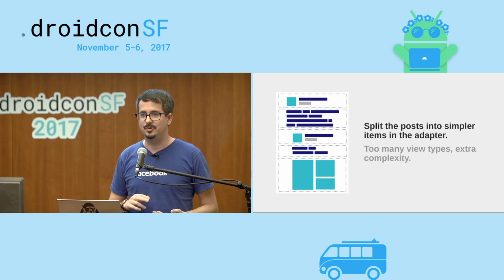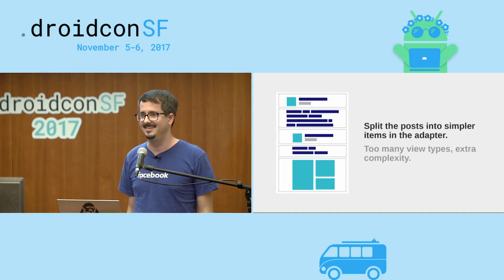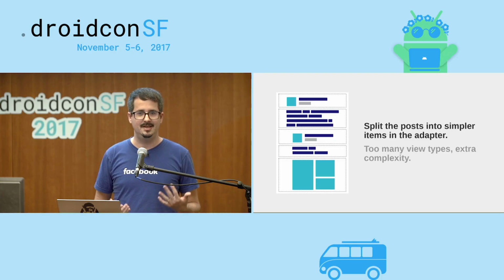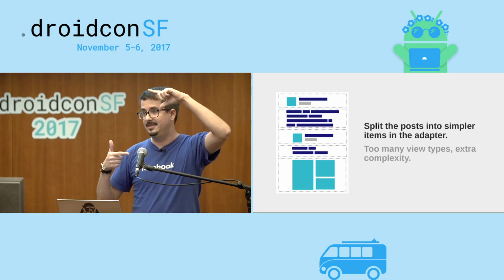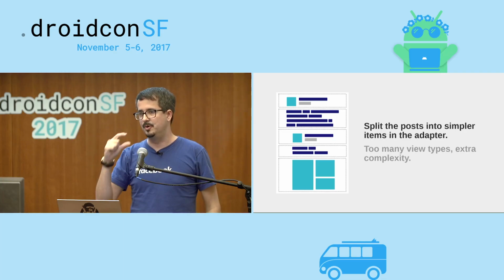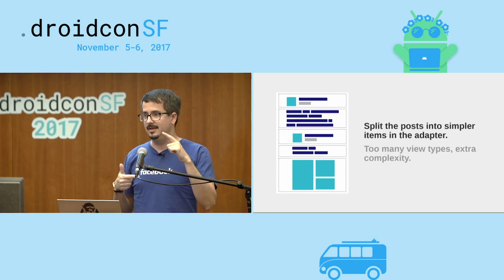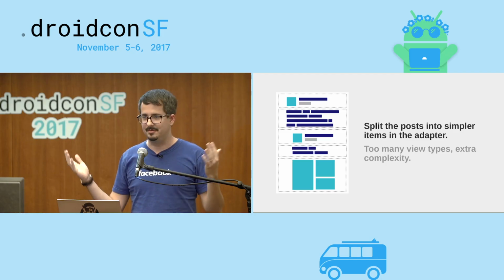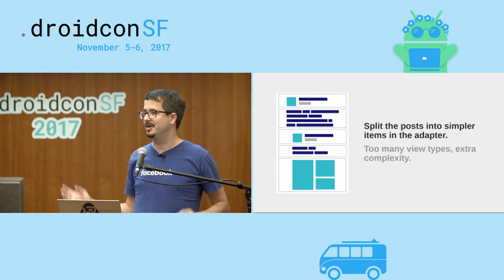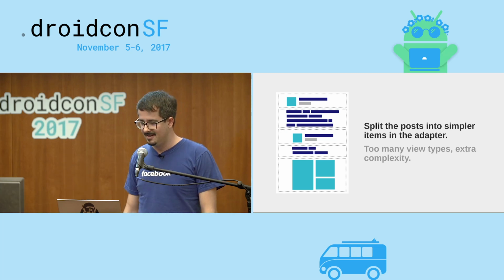So if you want to swipe a whole story and there are different items in the adapter, good luck with that, right? Or if you want to treat the items that are broken down into smaller units in the adapter level as one accessibility unit, good luck with that, you can't. So we basically broke accessibility by design here.